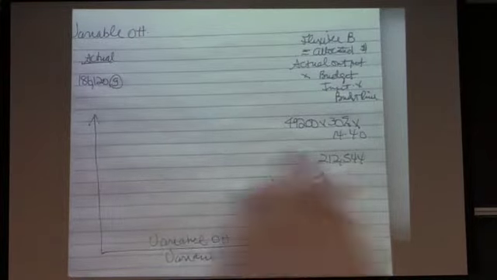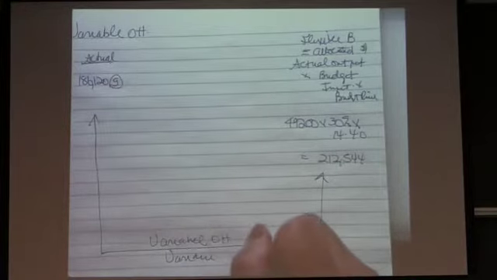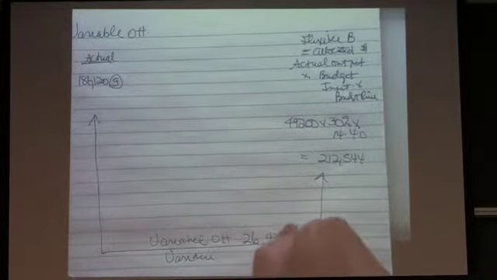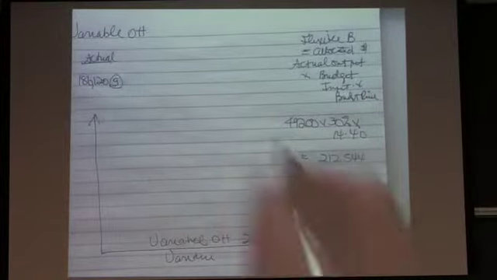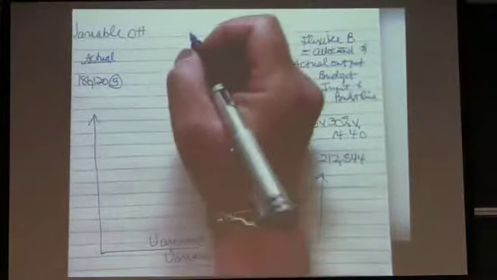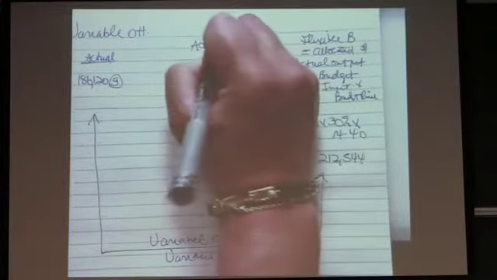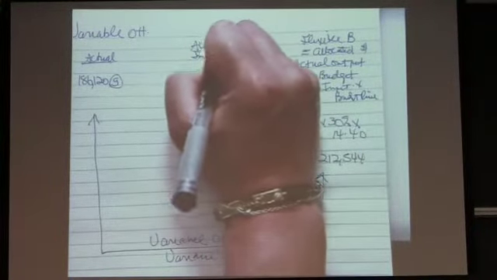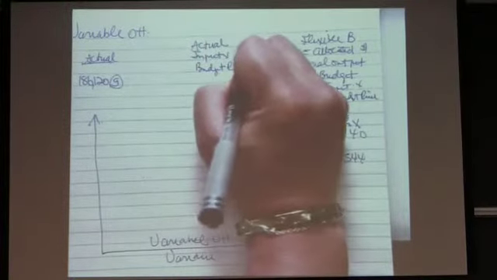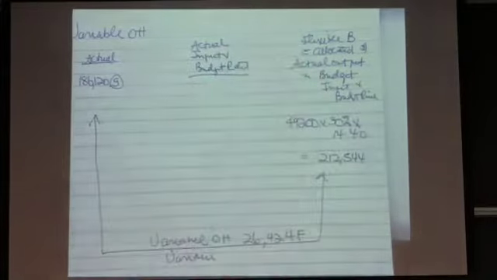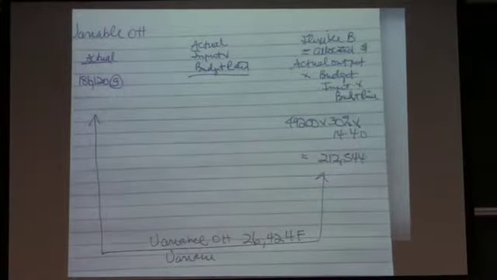And the total of that would be a favorable variance of 26,424 favorable. Now, to understand how much is related to efficiency and spending, we need to calculate a third column called actual input times budgeted rate. So what was the actual input?